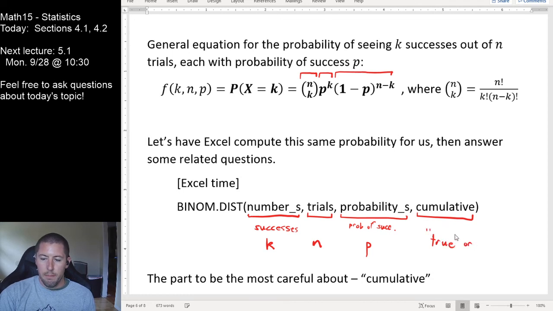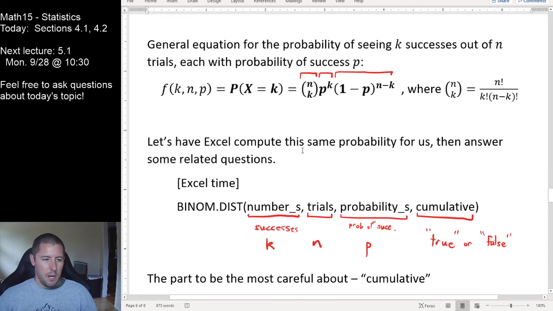You're never going to put anything else in the cumulative slot other than the word true or false, meaning are we looking at the cumulative probability up to 2 days of rain, which would be true, or false? It's not cumulative. I just want to know the probability of exactly 2 days of rain. So cumulative will always get a true or a false, depending on if we want the probability of an up to amount, or the probability of exactly this amount. That's the cumulative distinction right here.